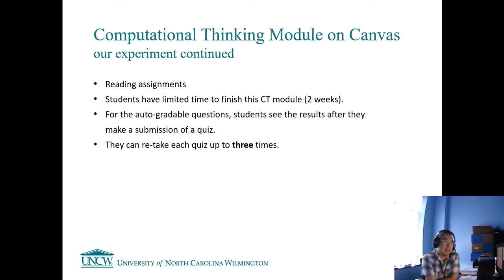There are some auto-gradable quiz questions, like multiple select or multiple choice, and when students submit their solutions to a quiz, they can see the results immediately. If they got some questions wrong, they can retake the quiz, and we allow up to 3 retakes for each quiz.